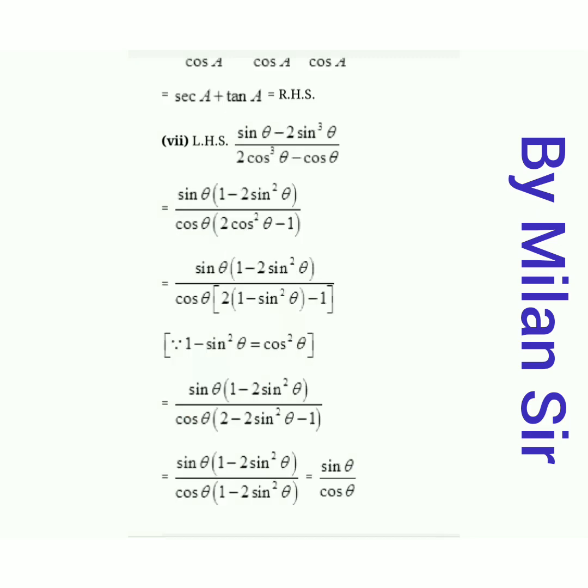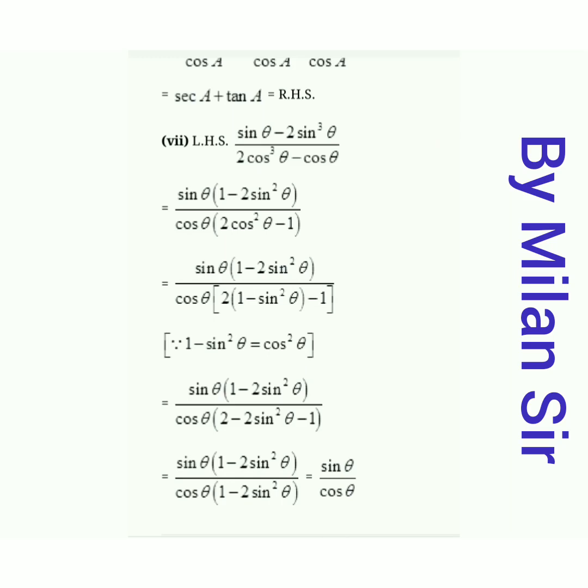Okay. Question number 7. (sin theta minus 2 sin cube theta) upon (2 cos cube theta minus cos theta) is equal to tan theta. Again we are going from LHS to RHS. So the left hand side, sin theta minus 2 sin cube theta upon 2 cos cube theta minus cos theta.